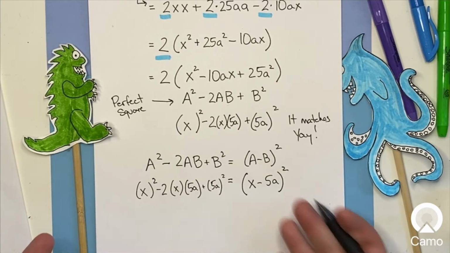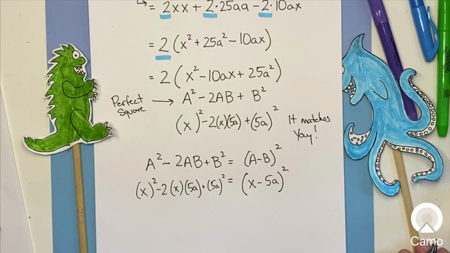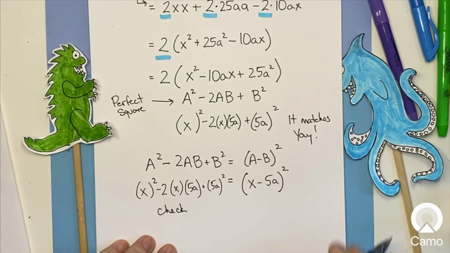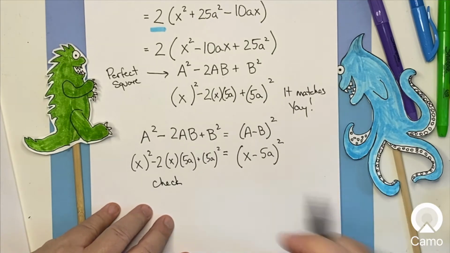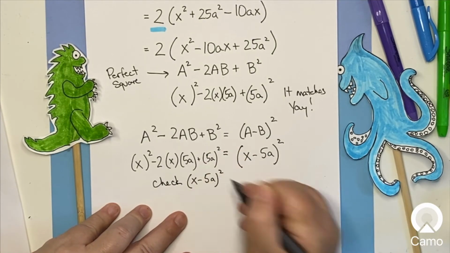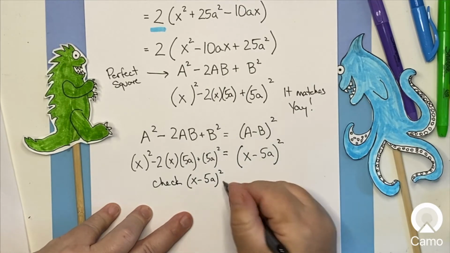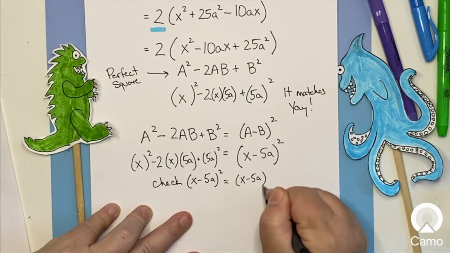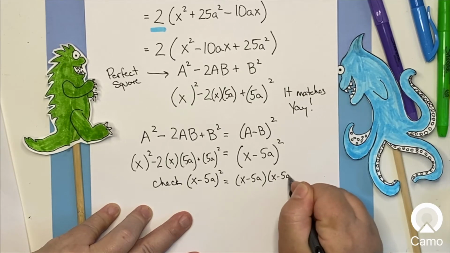Now, what if you're looking at this going, this seems so easy, and I'm really nervous about this? Then you could always check. Let me scooch this up a little bit. We can always check x minus 5a, the quantity squared, is equal to x minus 5a times x minus 5a.